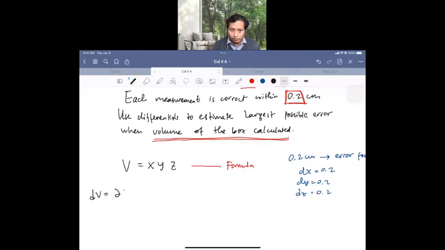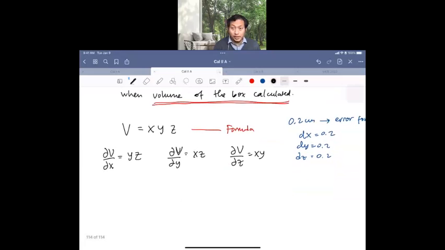This will be equal to, or maybe let's partially differentiate each one. So we find partial x, partial y, and partial z. So partial x, we are just having yz. Partial y, we are having xz. And partial z, we're having xy.